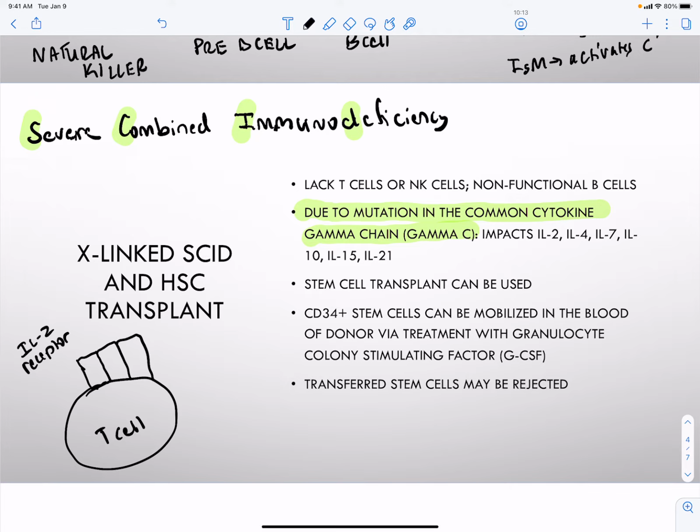So we have our gamma, beta, and alpha. The alpha equals CD25, that is the target of a lot of drugs to counter transplants. The gamma here is what we refer to as the common gamma chain.